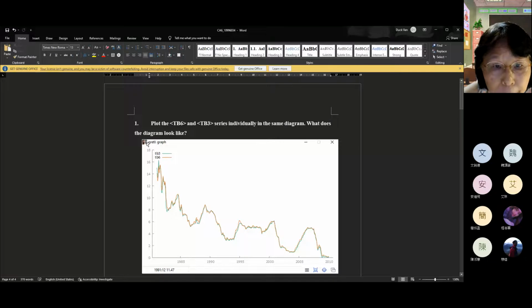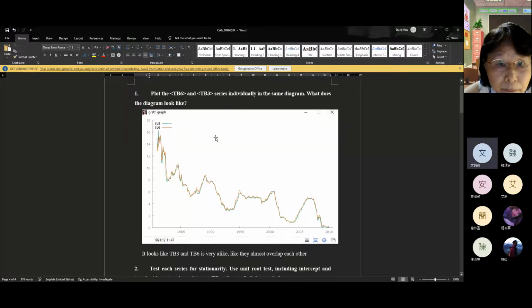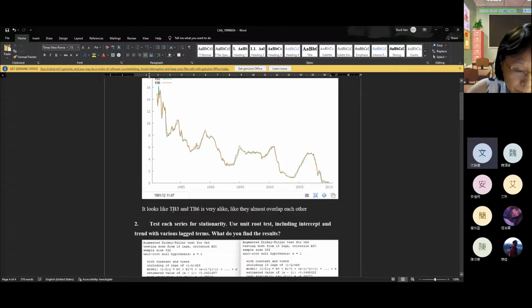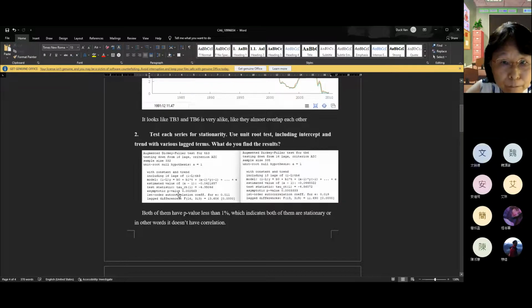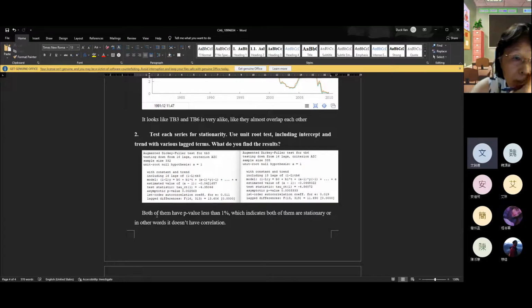Okay, so the first is the diagram. They all look very alike, so they almost overlap each other. For the second one, I also just do one lag, and both of them have a p-value less than 1%, which indicates both of them are stationary.